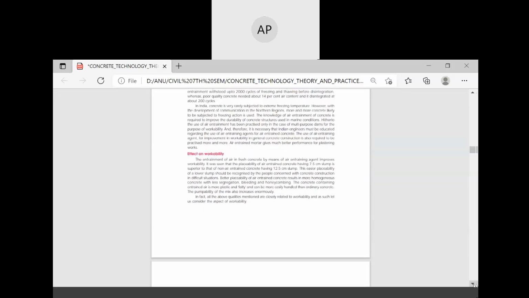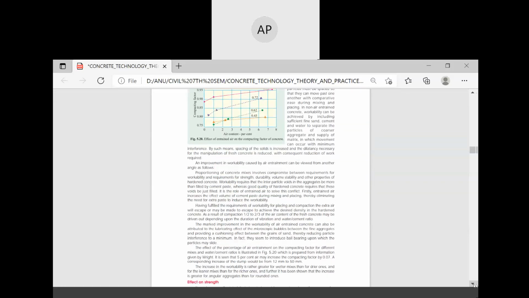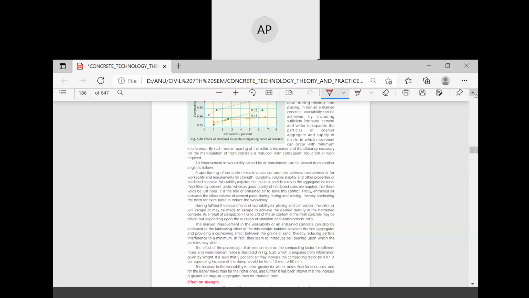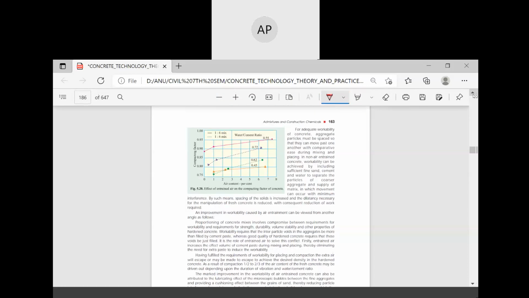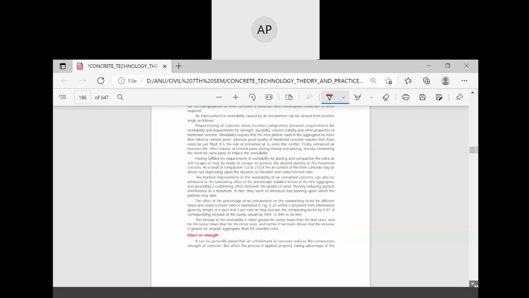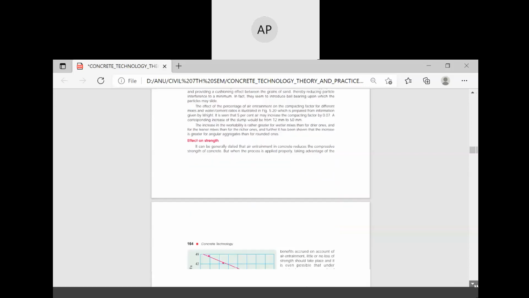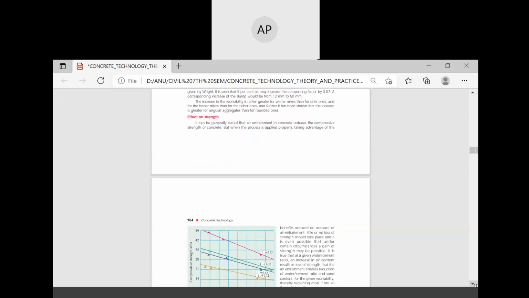Effect on workability. How does it affect workability? Effect of scale, effect of strength.